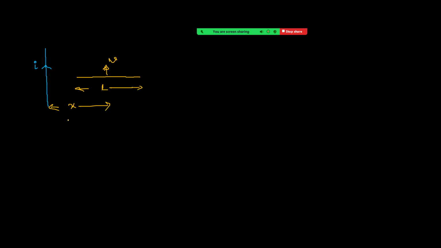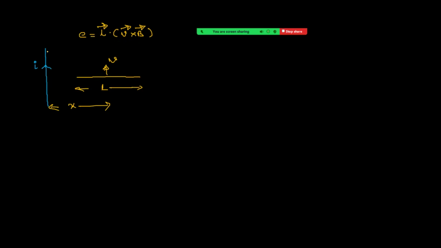Right. Then see what we can write. We can see different elements on this rod are at different distances from the wire. So we can write E equals L bar dot V bar cross B bar. Okay. We can see L bar, V bar, and B bar.